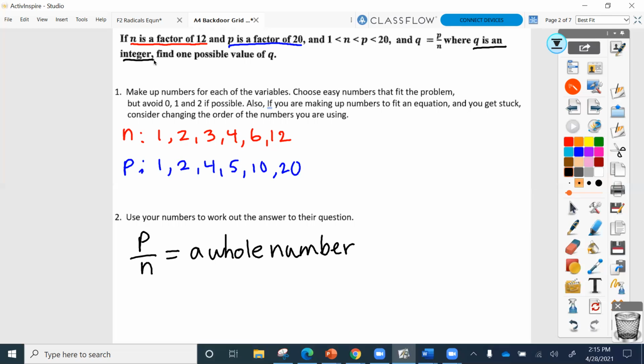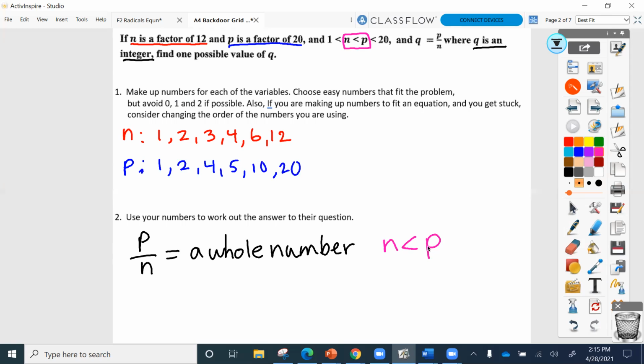It's actually, an integer could be a positive or a negative whole number, but basically we want a whole number. We also know something else, and that is that n is less than p.